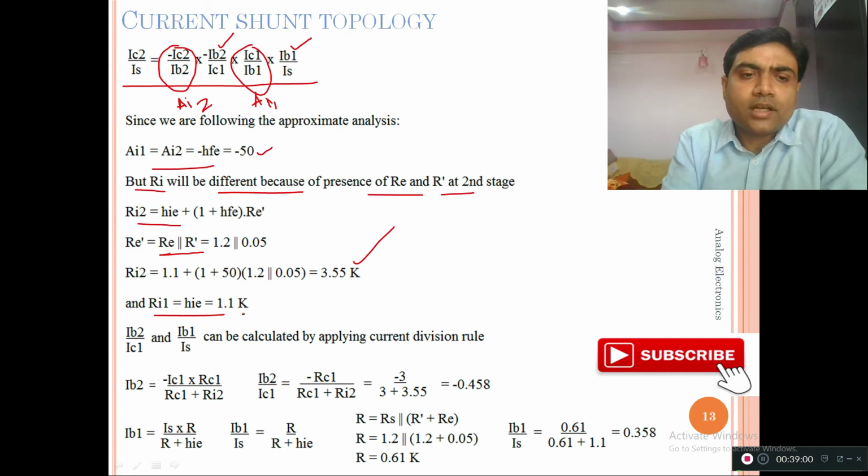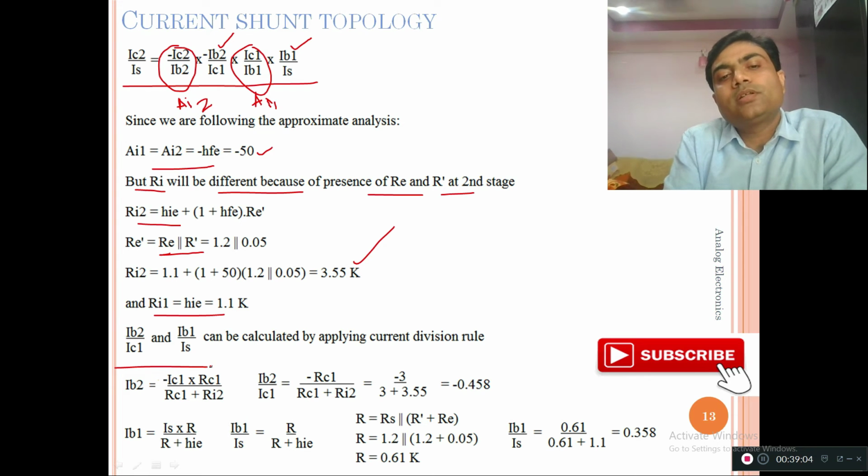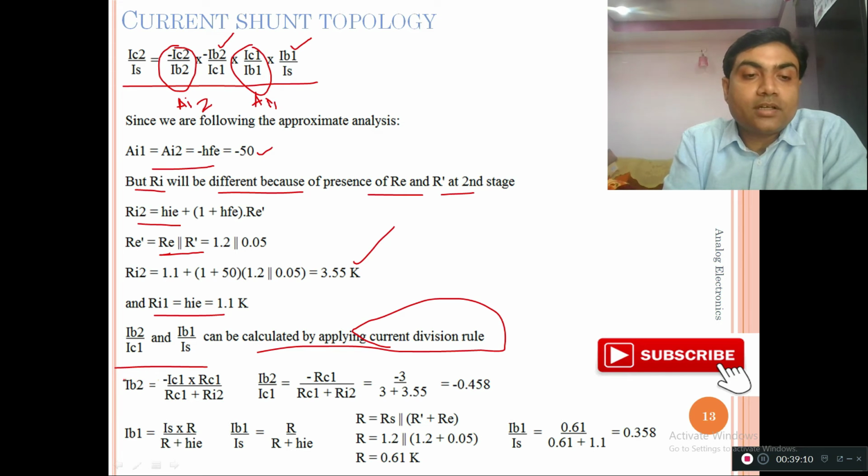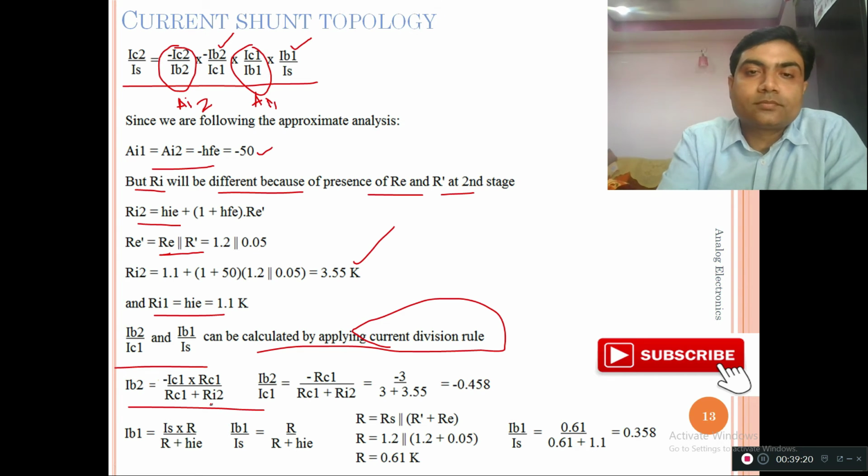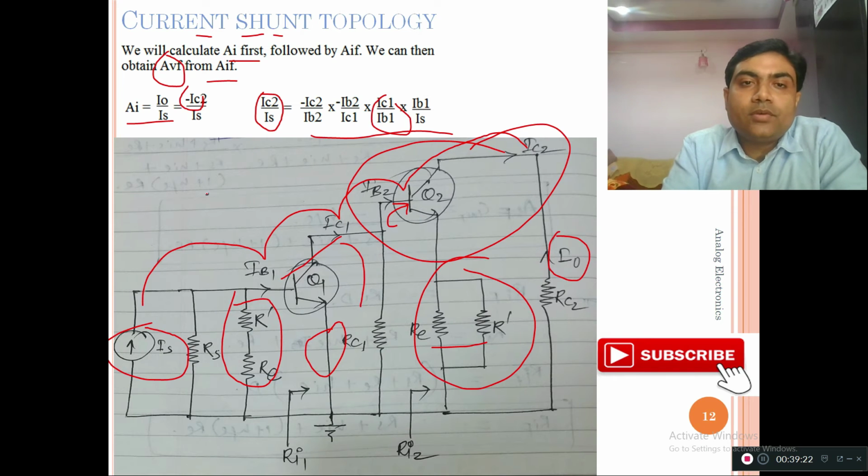So RI2 and RI1 we have determined. As I already told you, these components are determined by applying the current division rule. So how can we apply the current division rule? Just go through this formula. What is IB2? IB2 is nothing but IC1 multiplied by RC1 upon RC1 plus RI2. Just look here. We are interested in calculating IB2 upon IC1.